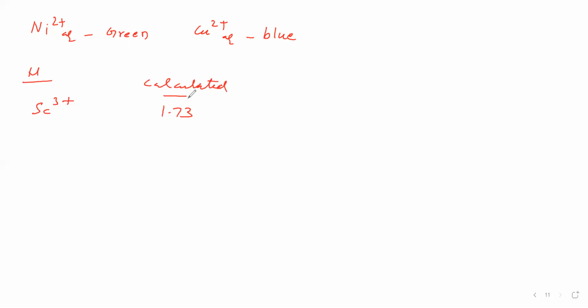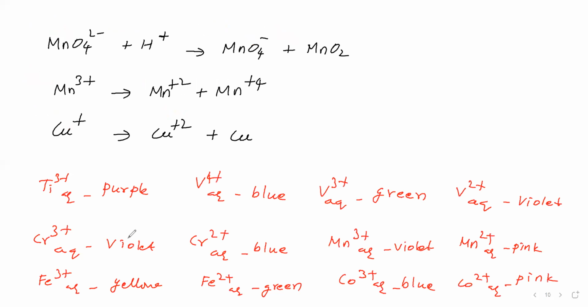Next we will see that here we have seen colors of metal ions. From this we can come to know that most of the transition metal compounds are colored.